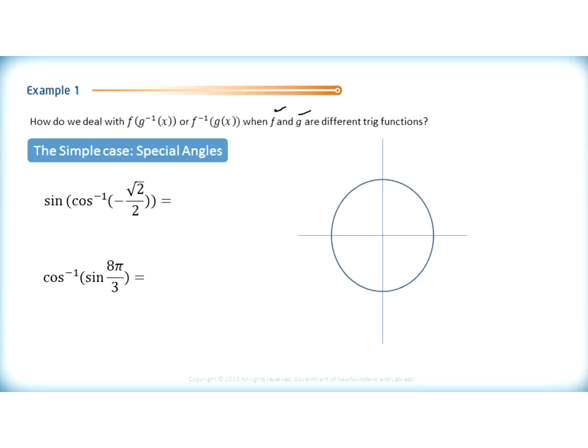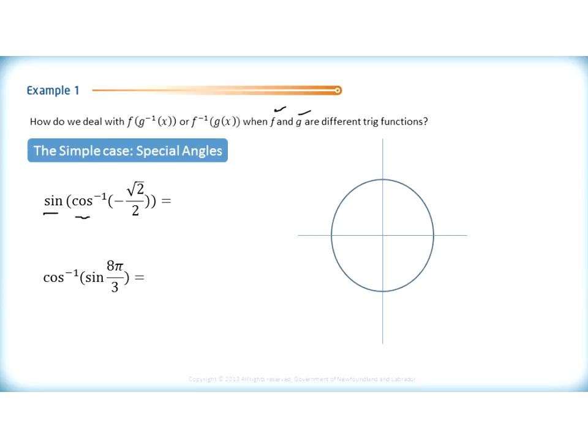Well, let's see. When it comes to dealing with special angles, so if it's stuff we recognize, then it's not a big deal. We can do it the same way that we did when we had inverse trig functions and regular trig functions that were the same thing. But when we mix them up, as long as they're special angles, it's no big deal.